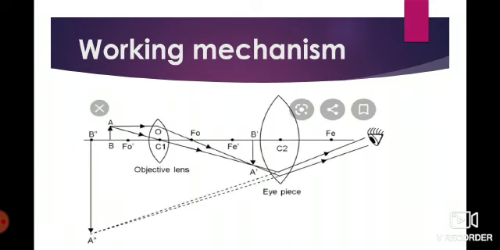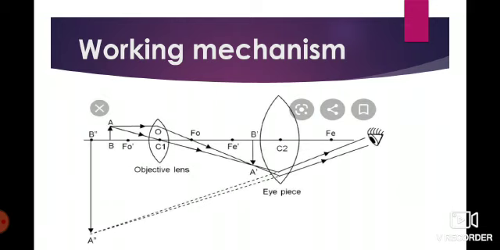This virtual, enlarged and erect image is formed on the same side as the object. So this is the working mechanism of compound microscope.